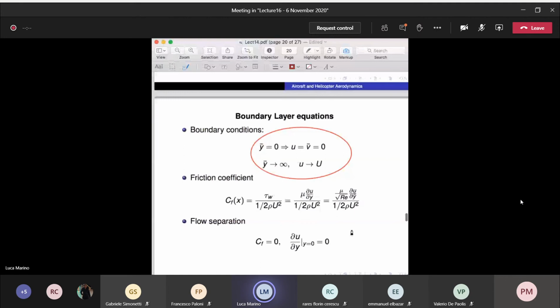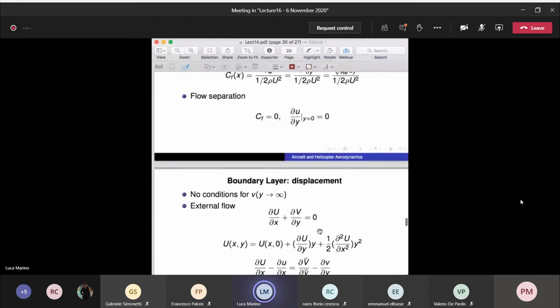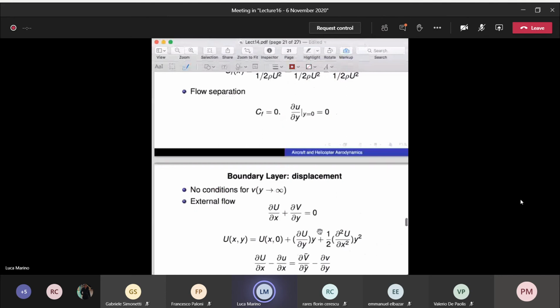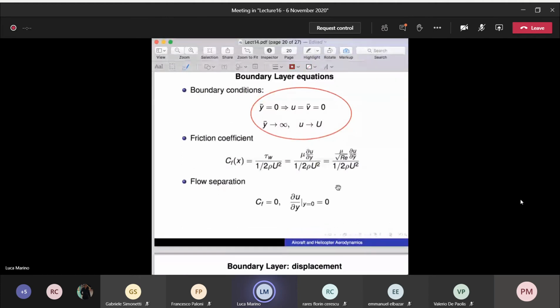The condition where we have separation, which we will discuss, I don't know if today or tomorrow or on Tuesday, is given by the derivative of u over y. You can write it dimensionally or non-dimensionally, they are the same. The condition where you will have the separation of the flow is that the derivative of u with respect to y is equal to 0. Okay? I will show you an analysis where you can recover these results reported in these slides.